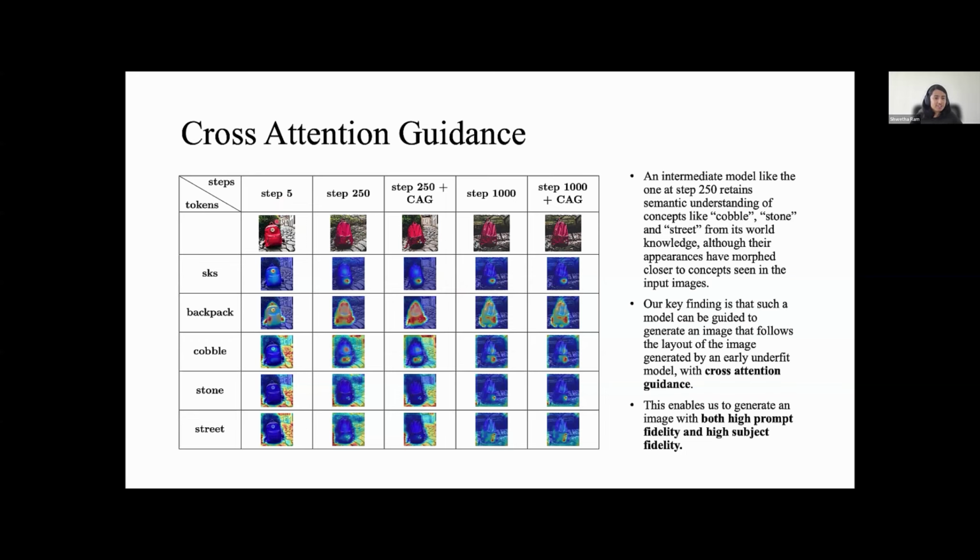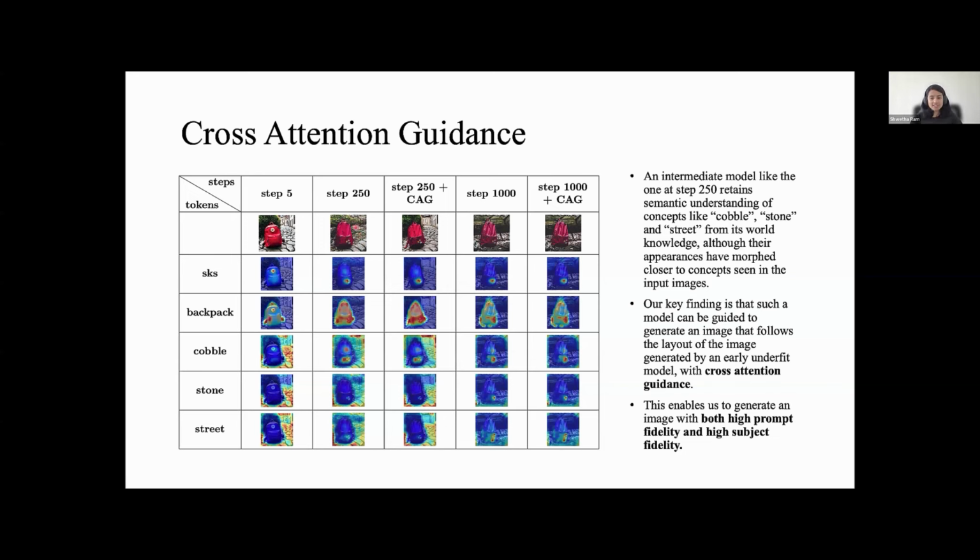And by the time we came to step 250, that bush was replaced by this tree bark. And there is a tree bark that looks like this in the backpack input images. So basically, the model is trying to replace everything in the image with something that it saw in the input images, because all concepts have started to look like something in the input images to it.